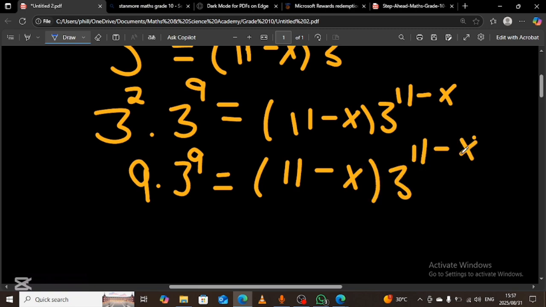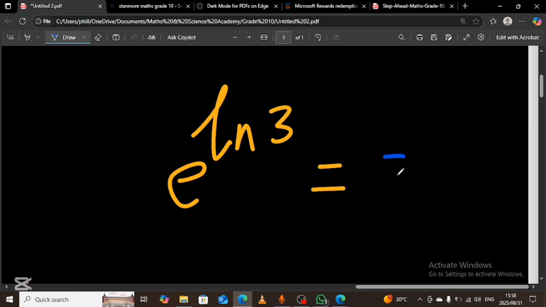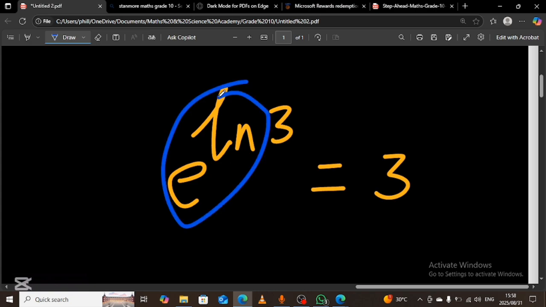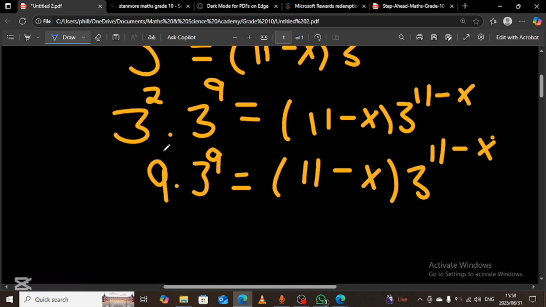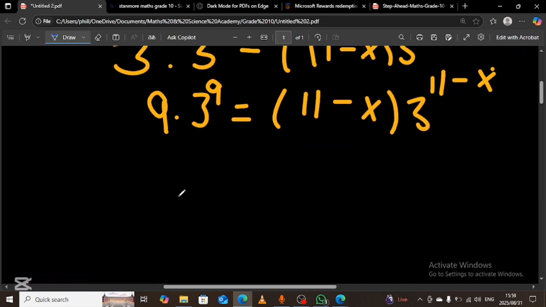And then we know that, using the laws of logarithms, e to the exponent ln 3 is equal to 3. This implies that e cancels the ln, and we can use this law of logarithms. So in the place of 3, we can say e to the ln 3, to the power of 9.